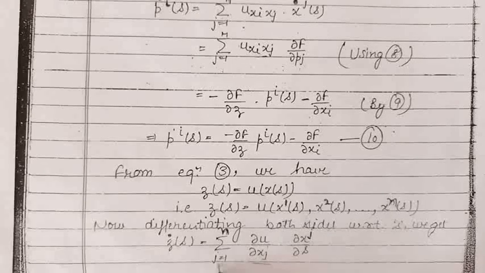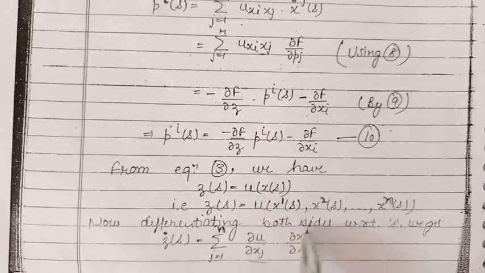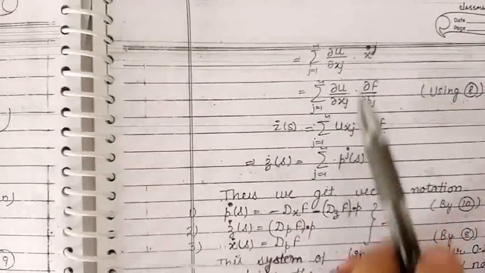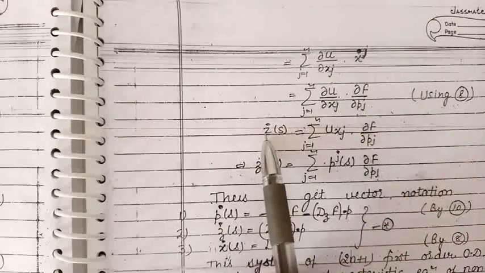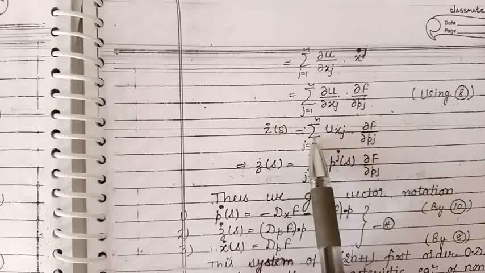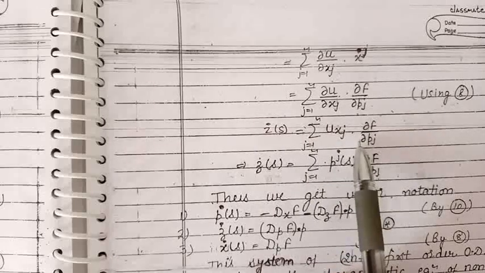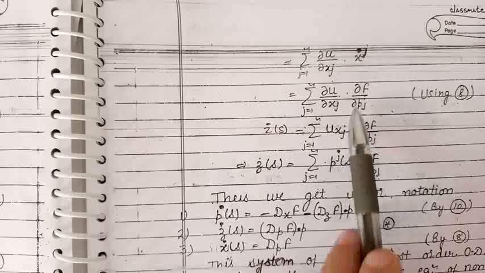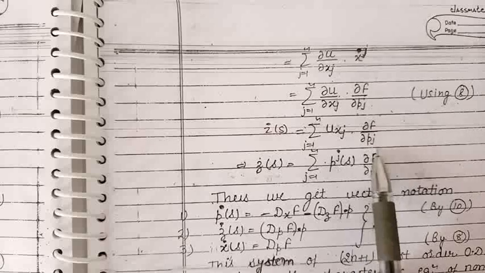Here j varies from 1 to n, and this, according to the notation, can be written as xj dot. So we get the derivative z dot is equal to summation u xj into, and from the equation 8 we have defined xj dot is equal to curl f by curl pj.